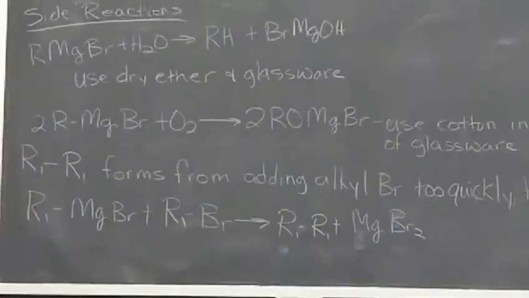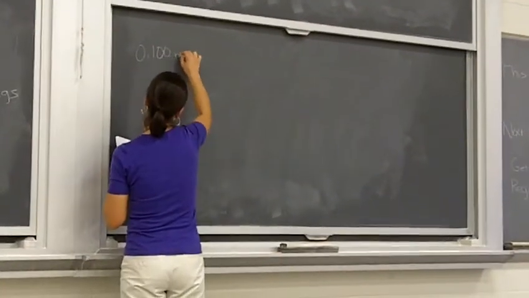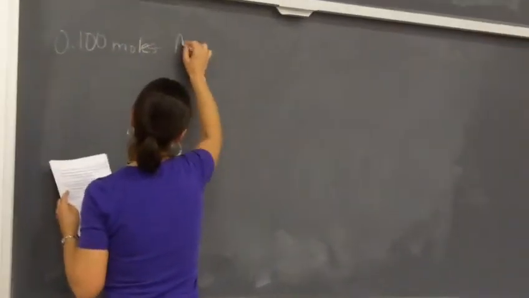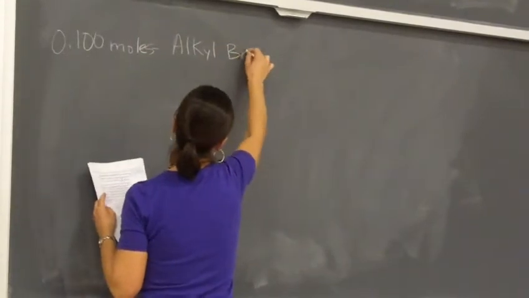Then what you need to make is a 0.1 molar solution. You're going to need 0.1 moles of your alkyl bromide, okay?